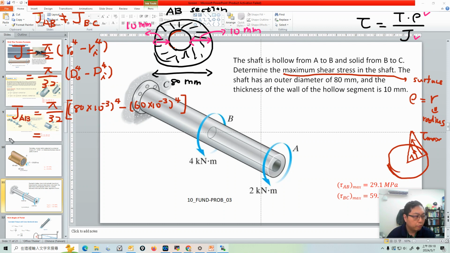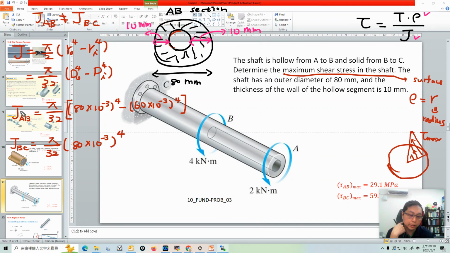For the BC section, the diameter is given and this section is solid. If it is solid, there is no inner radius or inner diameter, so it just uses pi over 32 times 80 times 10 to the power minus 3, to the power 4.